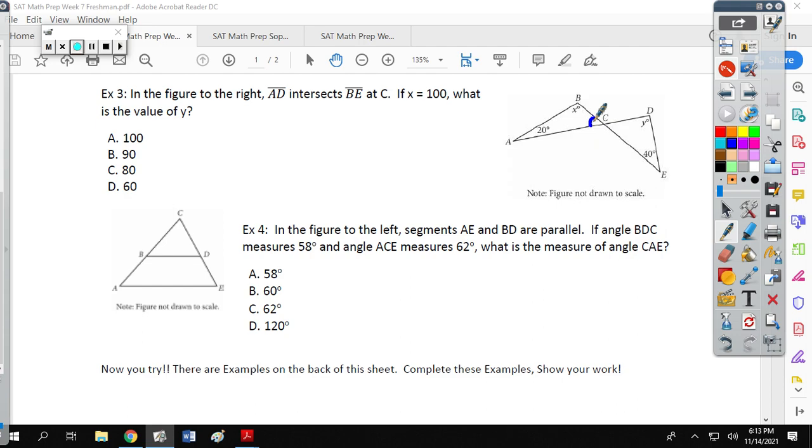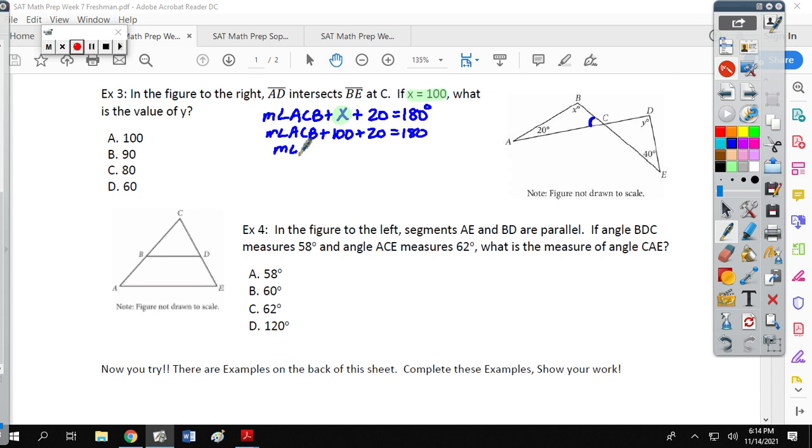Okay, so the measure of angle ACB is one of three angles in that triangle. So our first step would be to figure out this angle here, angle ACB. So we'd plug in the 100 for the x from the directions, which would give us the measure of angle ACB plus 100 plus 20 equals 180.